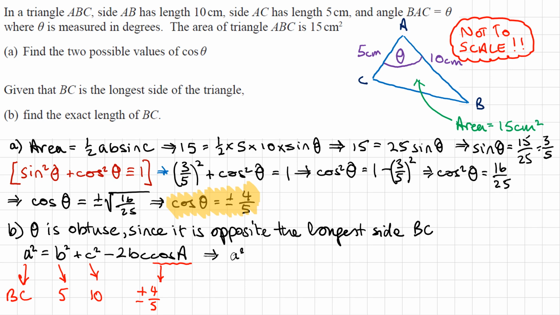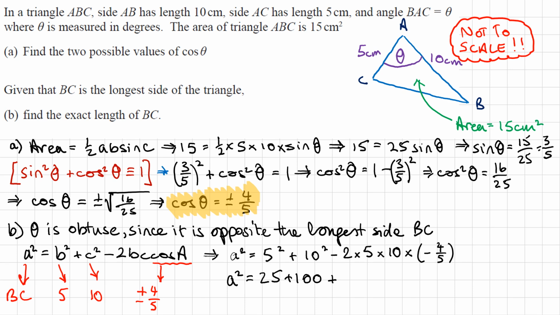So a squared is going to equal 5 squared plus 10 squared minus 2 times 5 times 10 times negative 4/5. And you'll see that that will end up getting added on. So a squared, that's going to be 25 plus 100. Now, because of the negative here, I'm also going to be adding a value of 80.